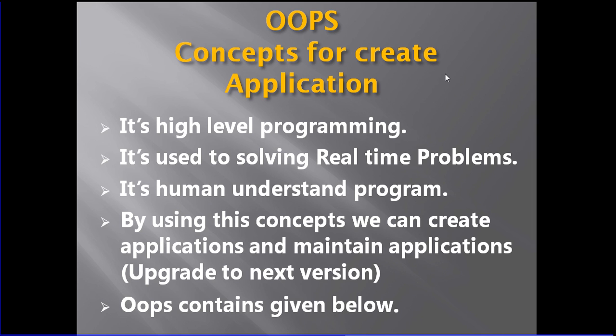Now what is the next level after that? High level language means the OOPS concept. Wherever you use the OOPS concept, those are all high level languages. Upcoming languages may become very high level, I don't know about that.